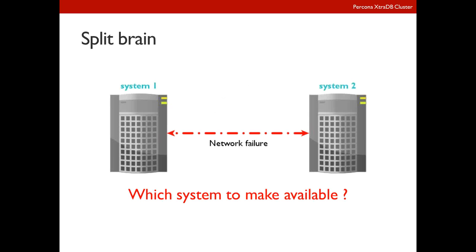In a 2 nodes configuration, in case of link failure, we have a case which has a special name, split brain. We cannot decide which node accepts queries and which does not. And what happens by default in this case, both nodes will refuse connections.